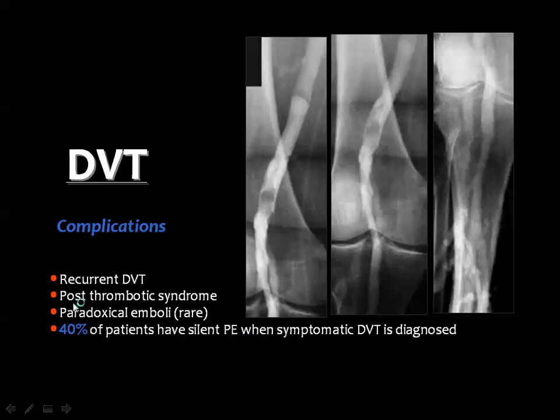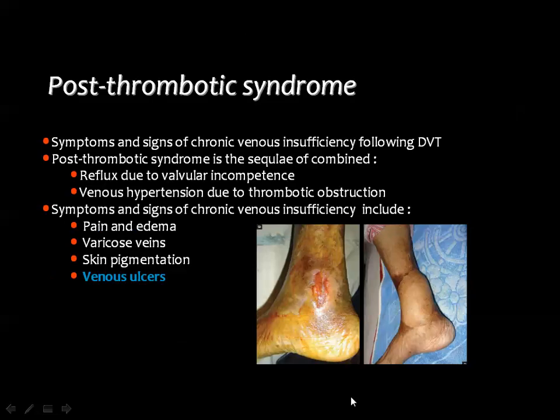And this is an important issue, which is the development of post-thrombotic manifestations, or what we call post-thrombotic syndrome. This syndrome involves the presence of signs and symptoms of chronic venous insufficiency following deep vein thrombosis. As I have mentioned, venous thrombosis will result in destruction of the valves and valve incompetence.